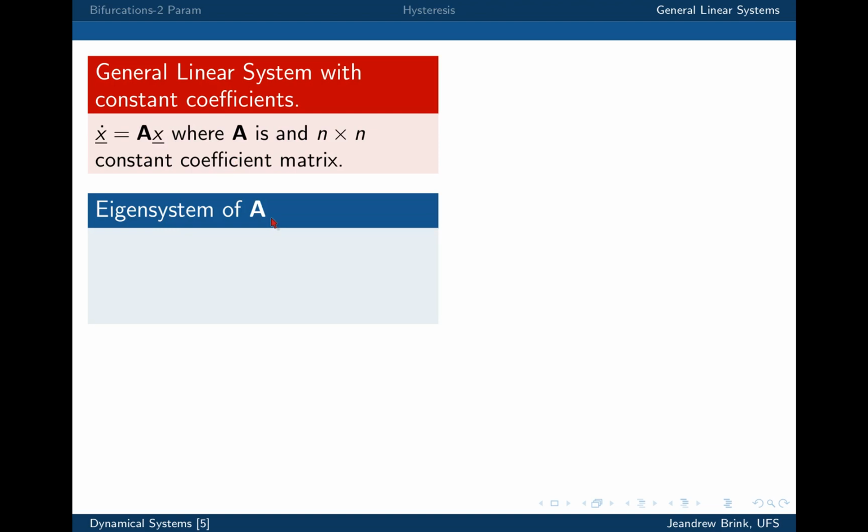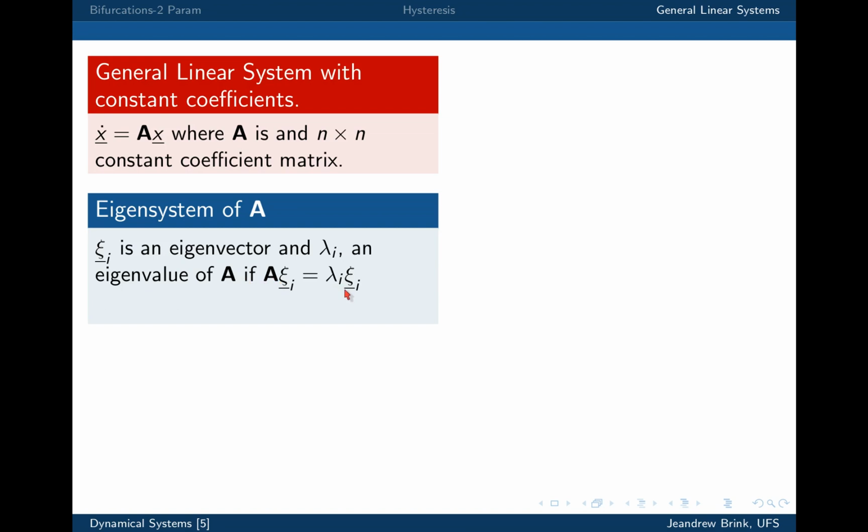Okay, so if you want to recall what an eigensystem is, we define a vector, xi, to be an eigenvector of the matrix A with eigenvalue lambda if it obeys the following equation. This you should know from your linear algebra. You basically seek a vector such that A times the vector is just a constant times the vector. So when you apply A to that vector, you get the vector back just rescaled, but you haven't changed the direction.